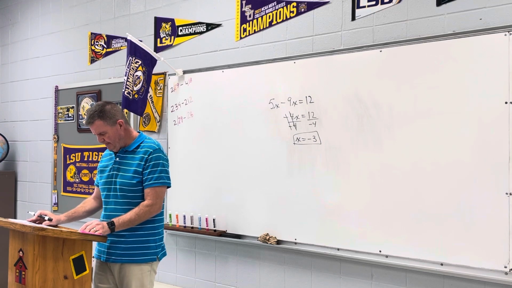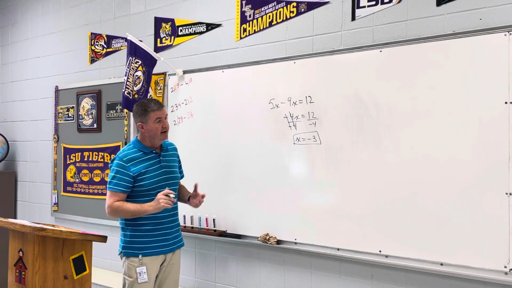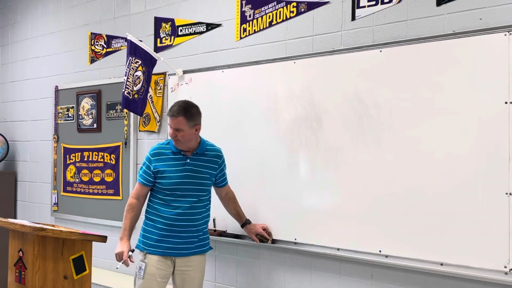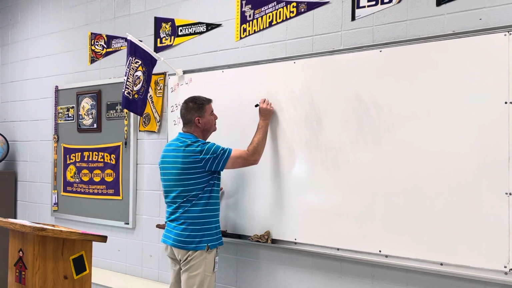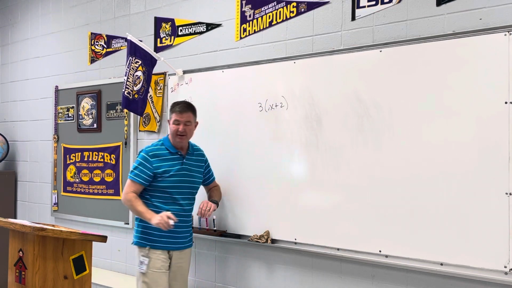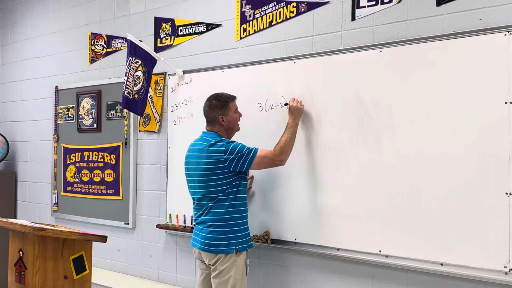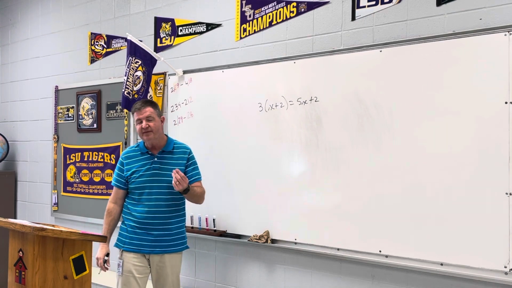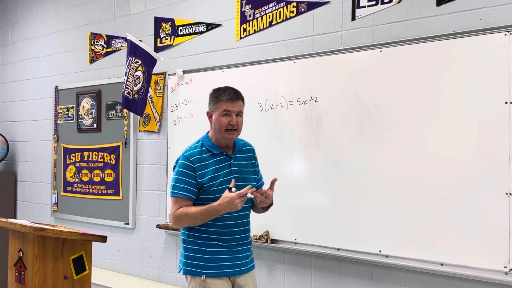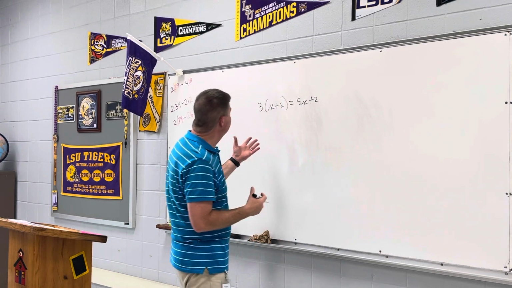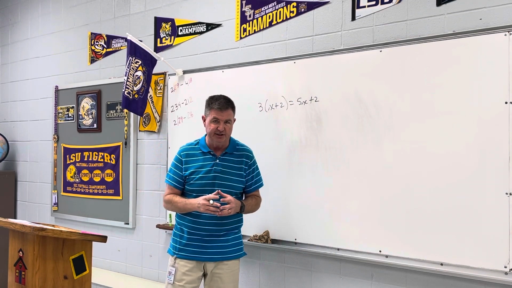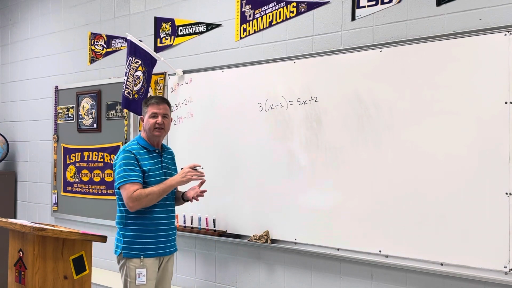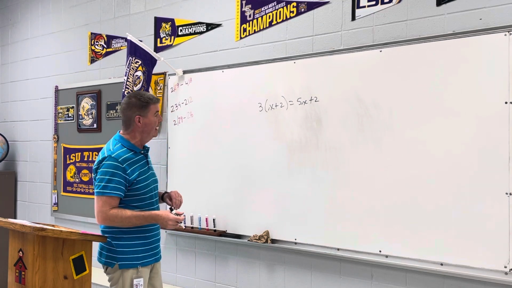Okay, next one up, we are going to have another operation to fulfill. We're going to have 3 times x plus 2 in parentheses, equals 5x plus 2. This equation, just like the one we had a second ago where we had to combine our x's by combining like terms, according to the order of operations, please excuse my dear Aunt Sally: parentheses, exponents, multiplication, division, what we learned a while back.